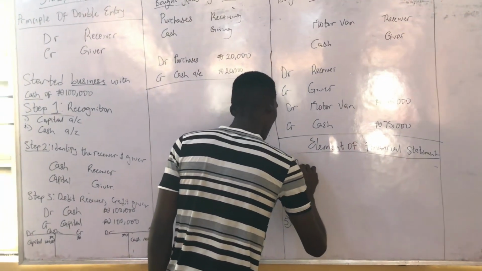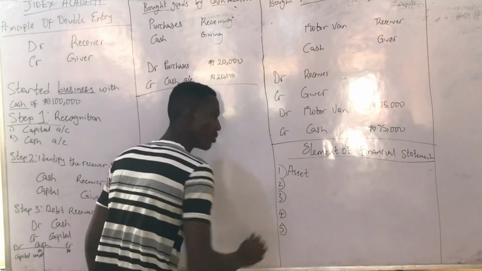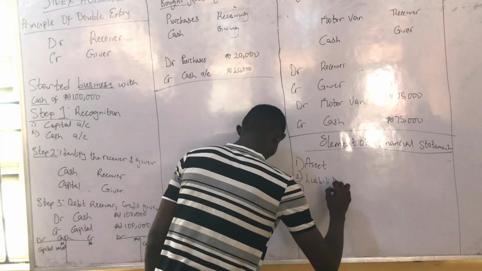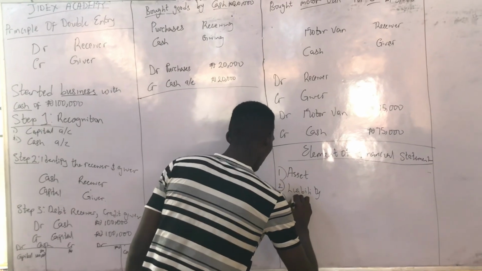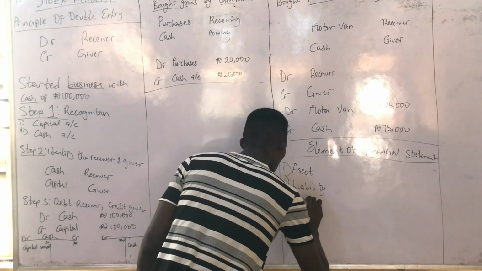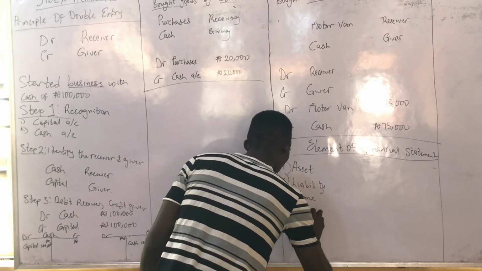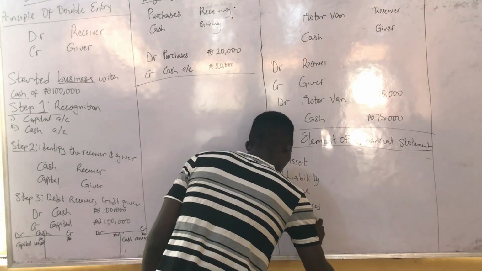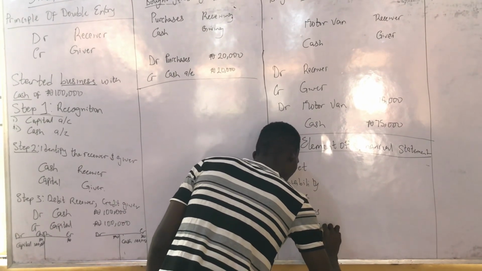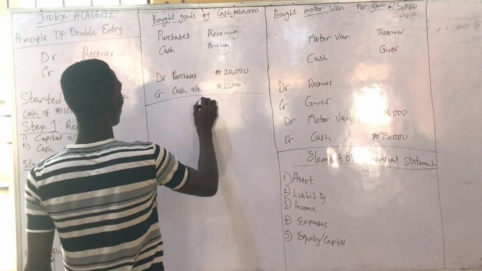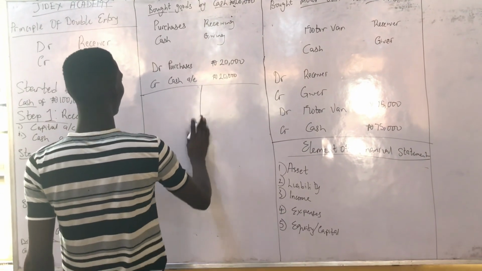We start with your assets, then you have your liability, you have your income, you have your expenses, then you have your equity, also known as capital.